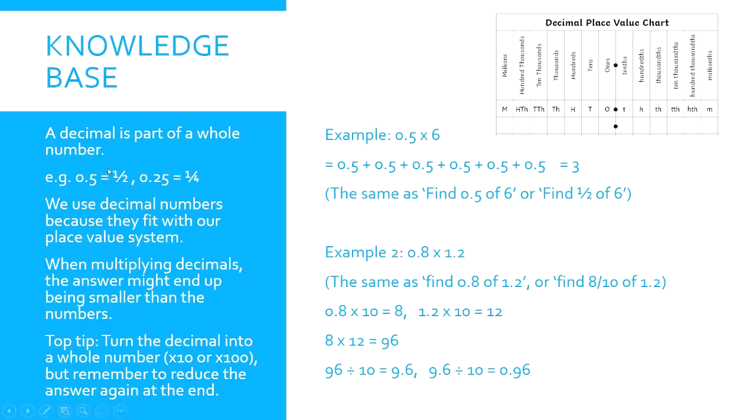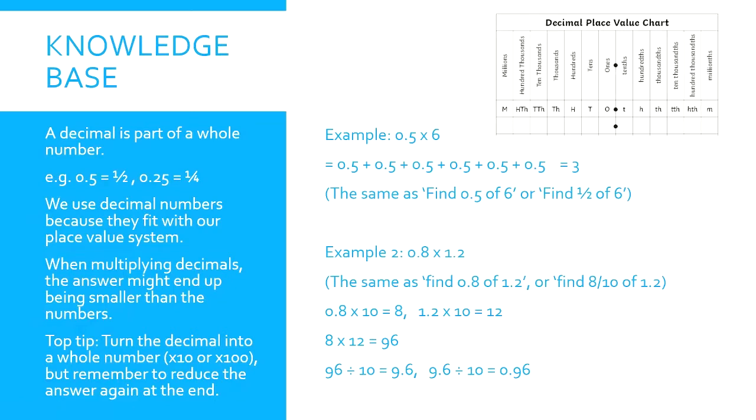So for instance, if I have 0.5 as a decimal, what I mean is that I have split a whole number into tenths or into 10 parts, and I have 5 of them.